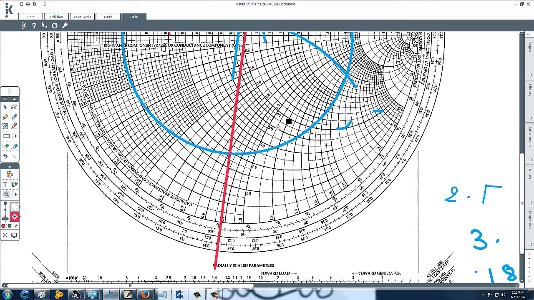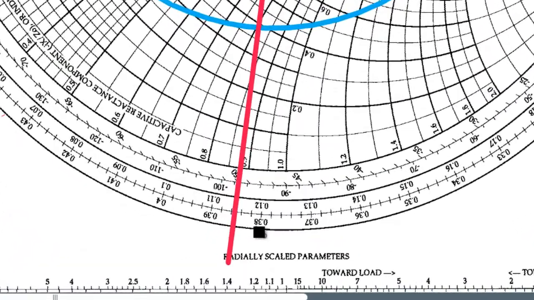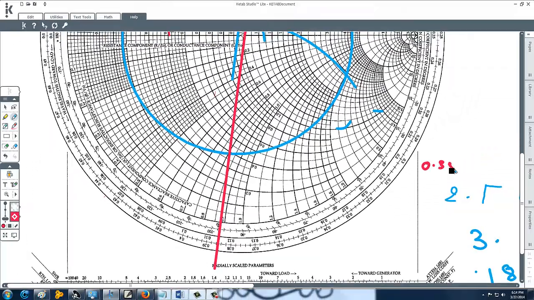Now we have moved 0.25 lambda, and from 0.3 lambda we have to move again.